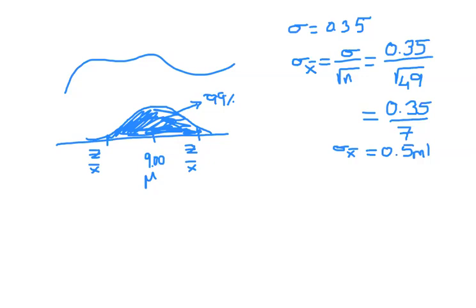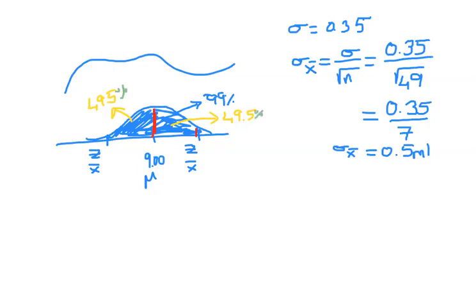How are we going to find the z-scores? Remember, the z-score table gives us the area between 0 and z values. So in order to find the z value over here and over here, we need to calculate half of 99%. If we calculate half of the 99%, you see that this part is equal to 49.5, and this part is equal to 49.5 percent.